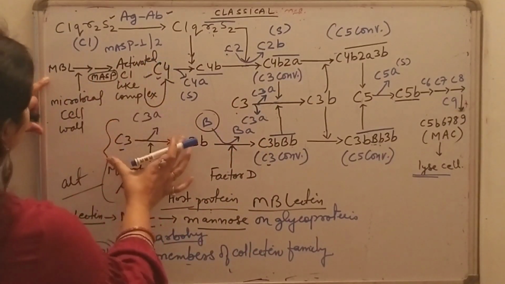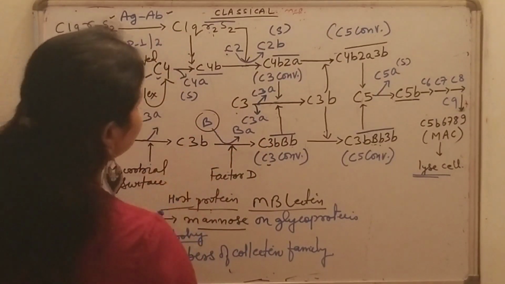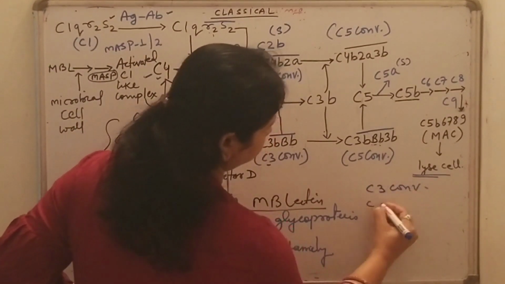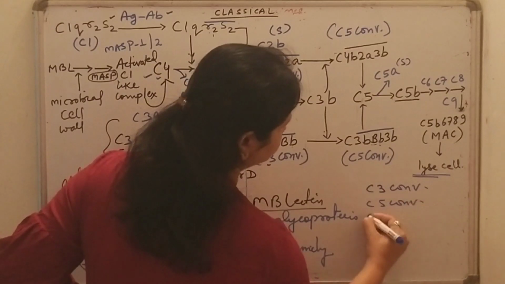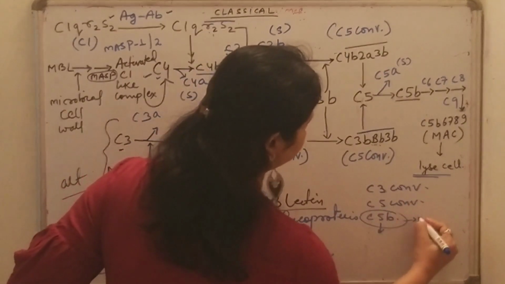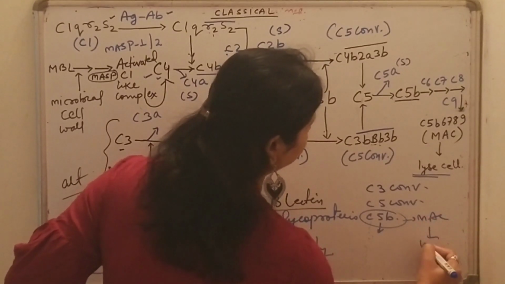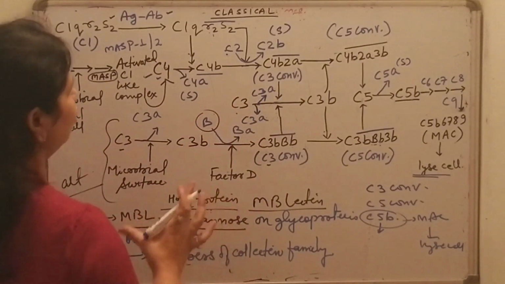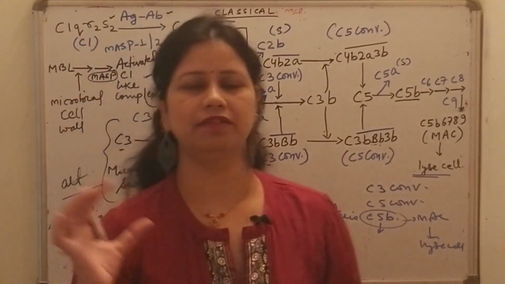We have seen that all three pathways lead to C3 convertase, C5 convertase as well as C5b, and then C5b leads to formation of MAC and it lyses the cell. So this is all about the three pathways of the complement system, that is classical, alternative as well as lectin.